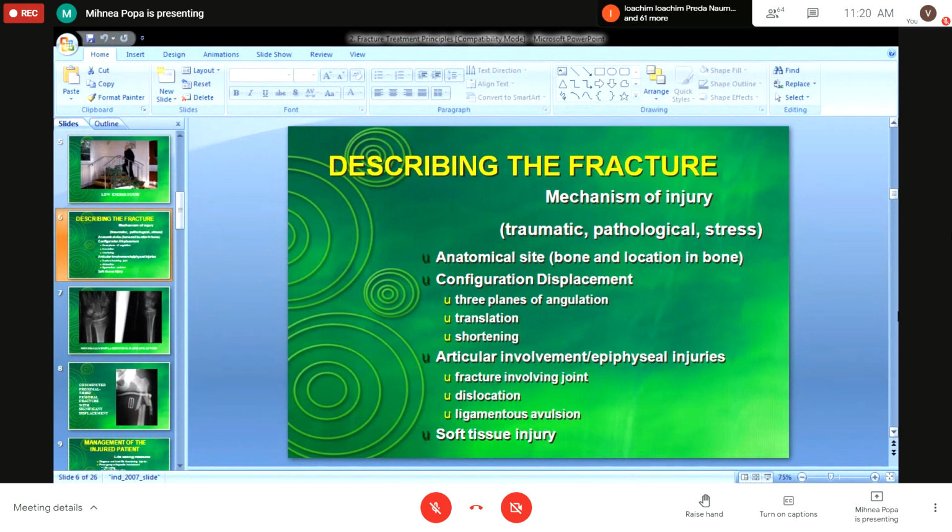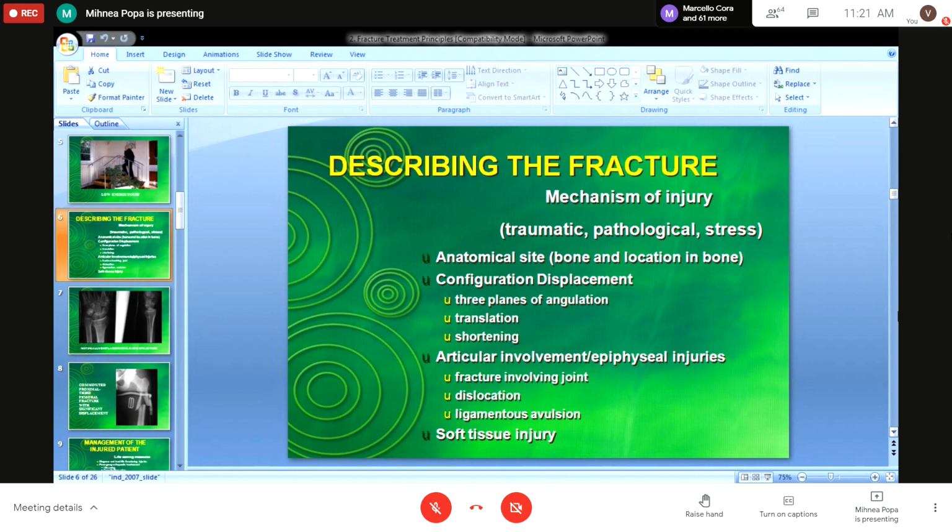Then understand if it's in the diaphyseal part, the epiphyseal part, or both. Then see if we have translation, shortening of the bone, or any type of angulation.